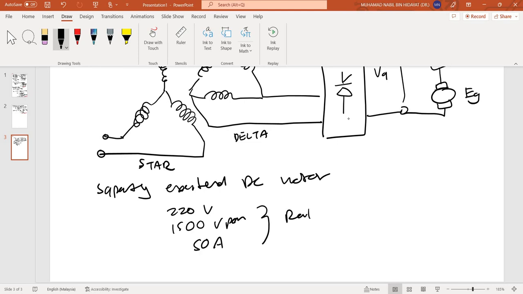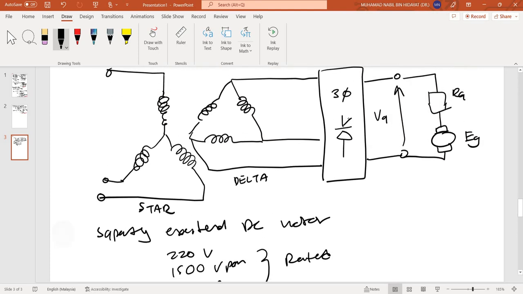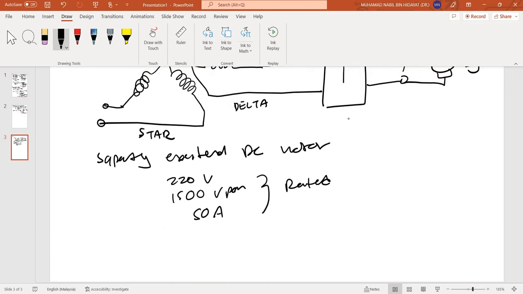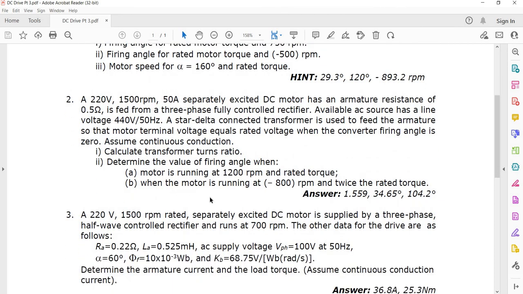So this is rated. So the first question is, calculate the transformer turn ratio.